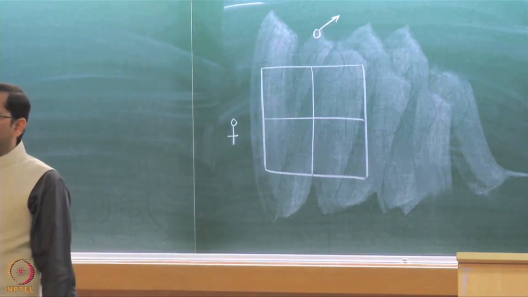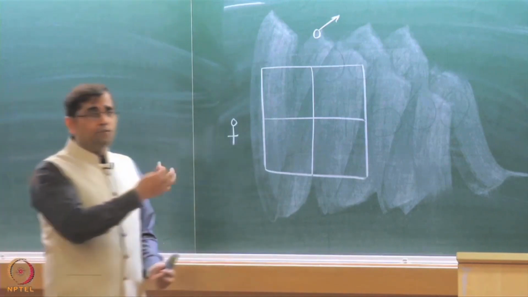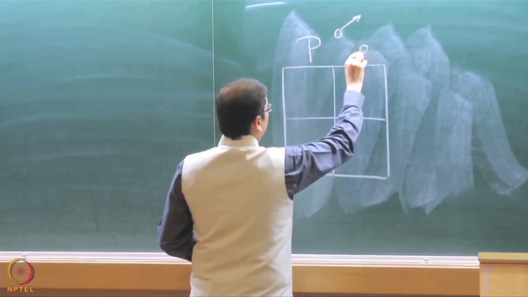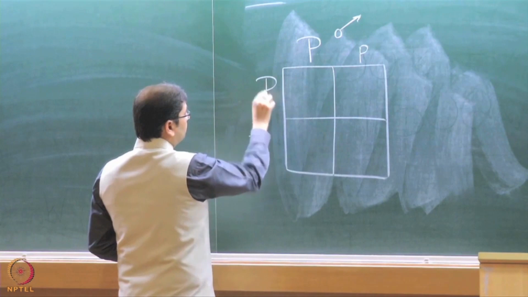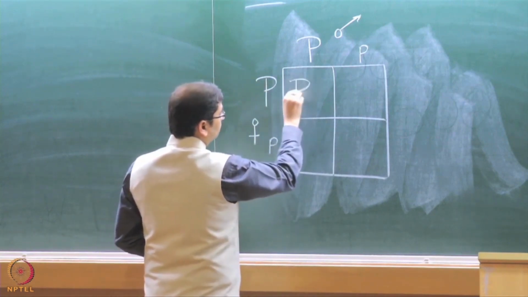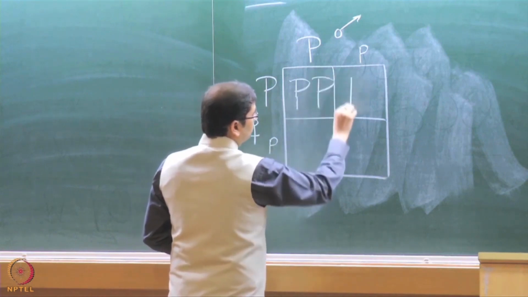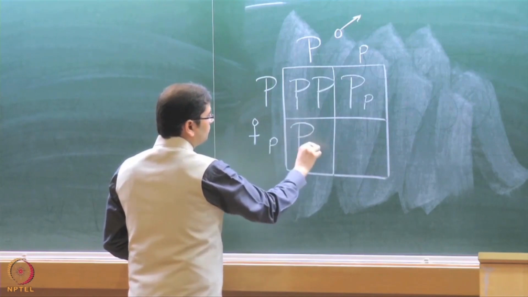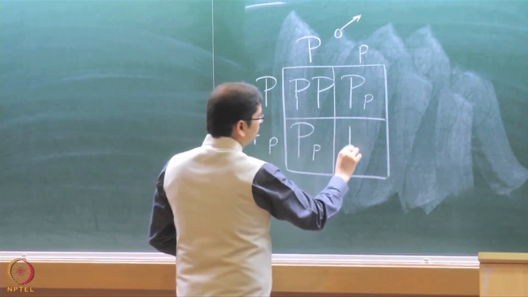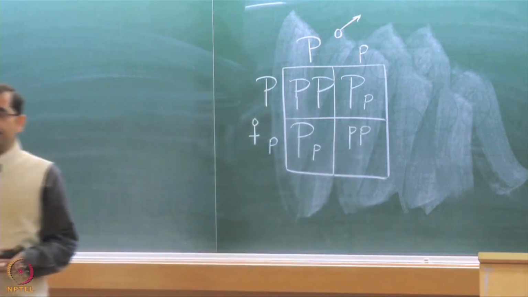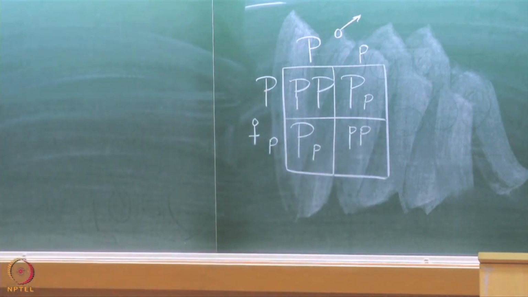So both from the sperm and the ova, from the male and female parts, let's say now you have these gametes. It is very straightforward, but let me now ask you some terminologies here.